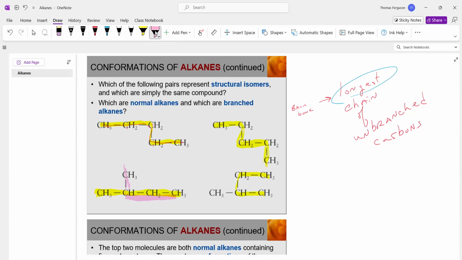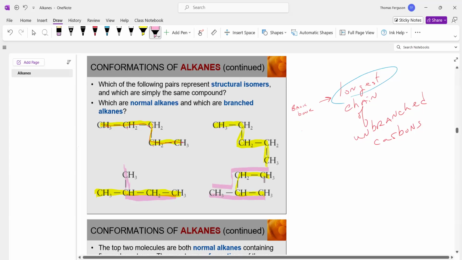This here is 4 carbons long. If we did this, it would only be 3 carbons long. We could also do that, and that would be 4 carbons long. So now we have 2 backbones that contain 4 carbons. Both of them are legal. The one that's not legal is the first pink one I did, which only has 3.